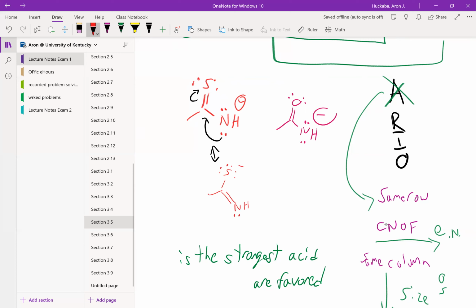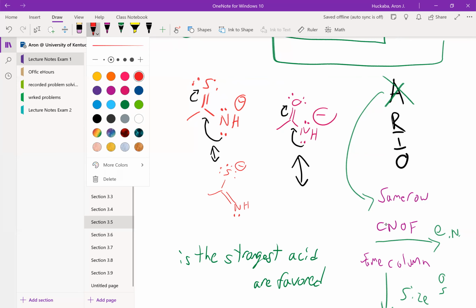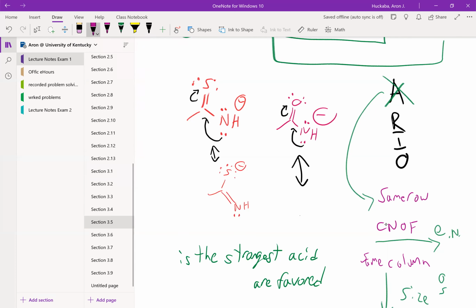Nope, forgot the negative charge. And you can do the same thing on the other side here to give a very similar structure. But I think you'll find that these have a very key difference, which is that now the negative charge is either on an oxygen or on a sulfur.